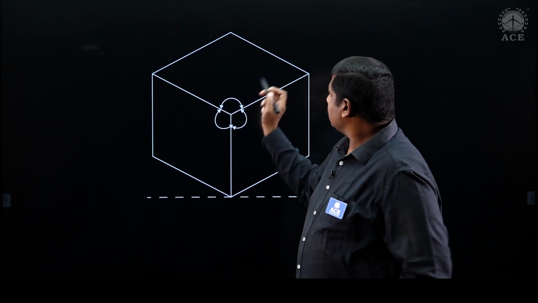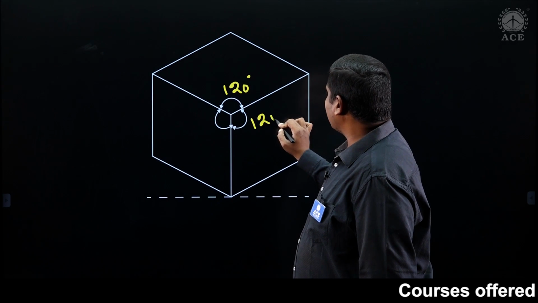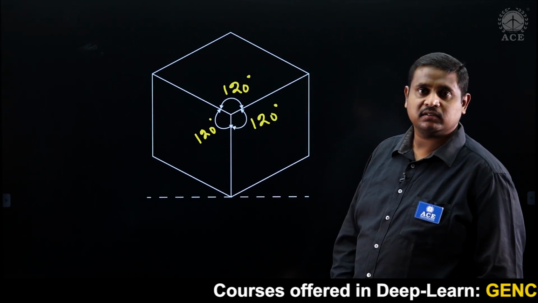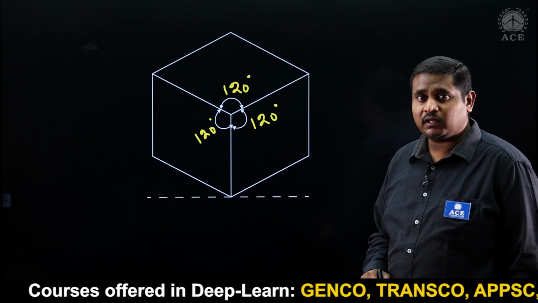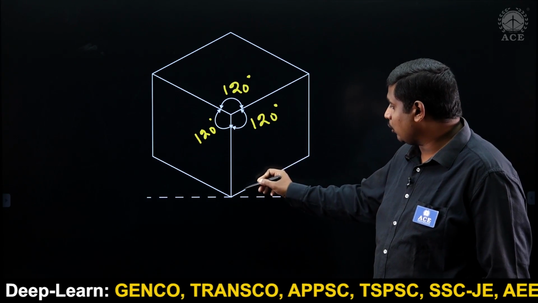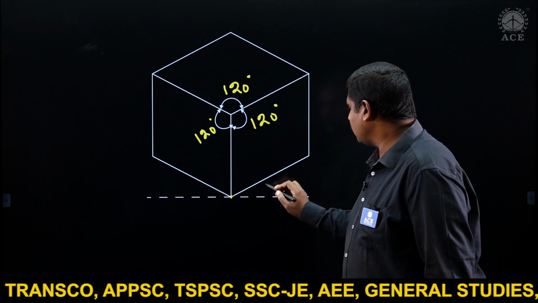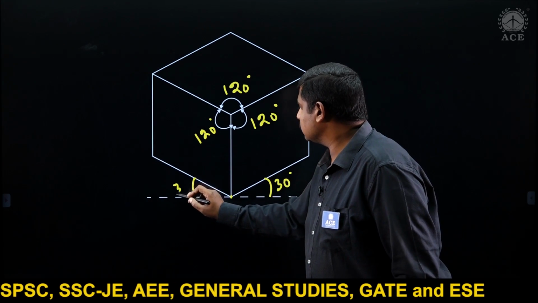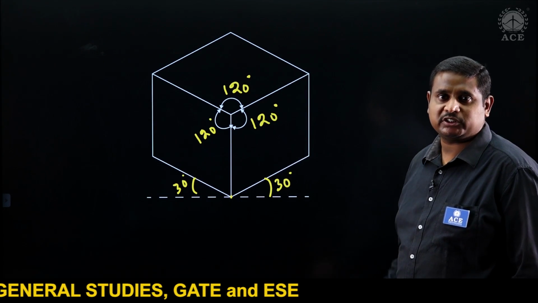Here the angle is 120, even here the angle is 120, even here the angle is 120 degrees, my dears. It makes equal angles with respect to the plane of projection and simultaneously it stands or it is just resting on its corner. Clear, my dears? This is my corner and here it makes an angle of 30 degrees. Now let us move on to the next question.